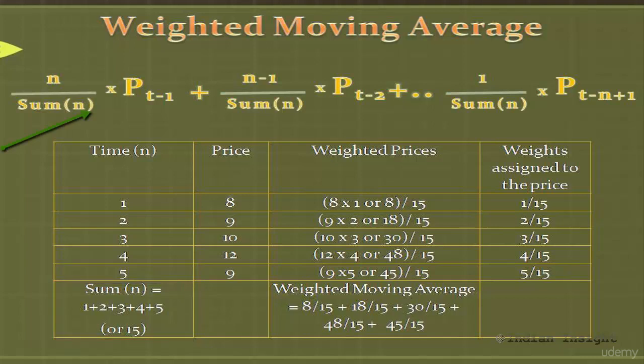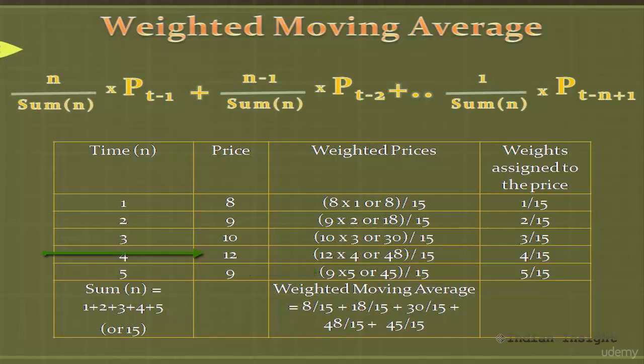What you need to do now is to multiply the most recent price by n, which is the number of periods. So for a 5-day weighted moving average, this n is 5, and hence we will multiply the latest price, which is 9 here, by 5 and divide this multiple by the sum of n, which is 15 here. So effectively the latest price has a weight of 5 divided by 15, which is essentially n by sum of n.